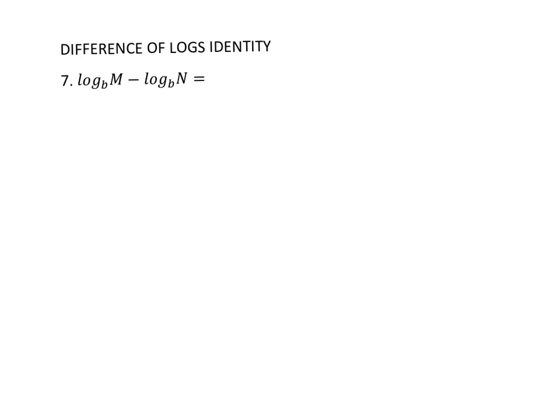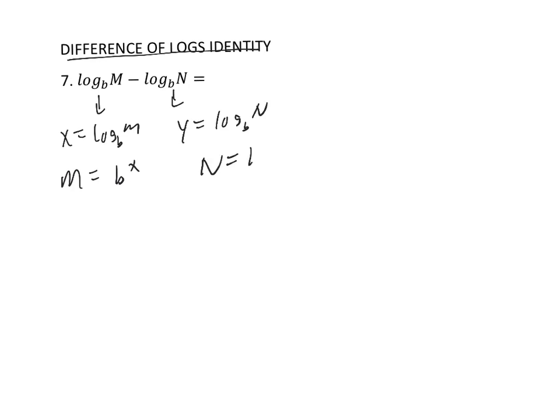So now let's move on to the seventh one, which is called the difference of log identities. The way we're going to prove this is exactly the same as the previous one: you're going to let each piece be a variable. Let x equal log base b of m, and y equal log base b of n. We're going to change each of the log formats into exponent form. So you have m equals b to the x, n equals b to the y.